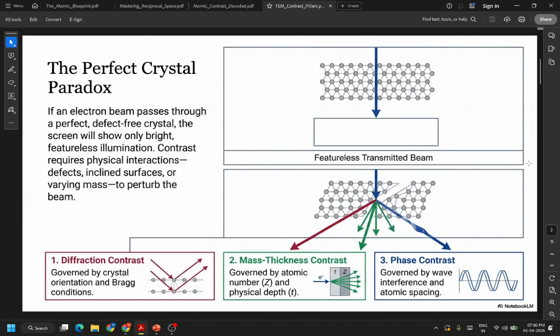So diffraction contrast comes from crystal orientations and Bragg conditions. Mass thickness contrast comes from change in atomic number and physical depth. And phase contrast comes from wave interference and atomic spacing.